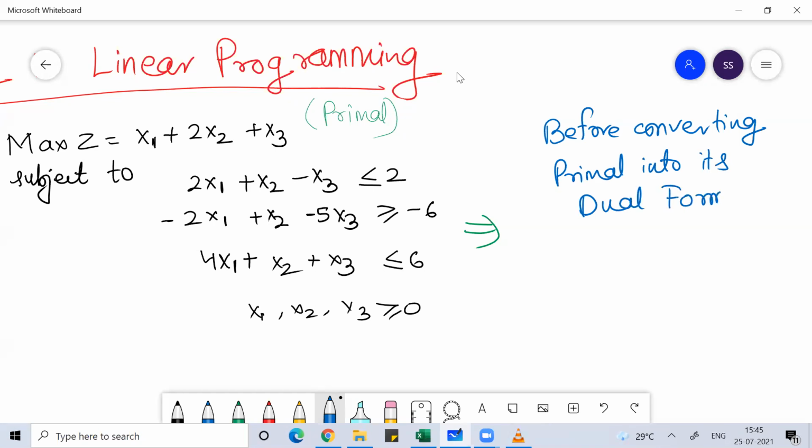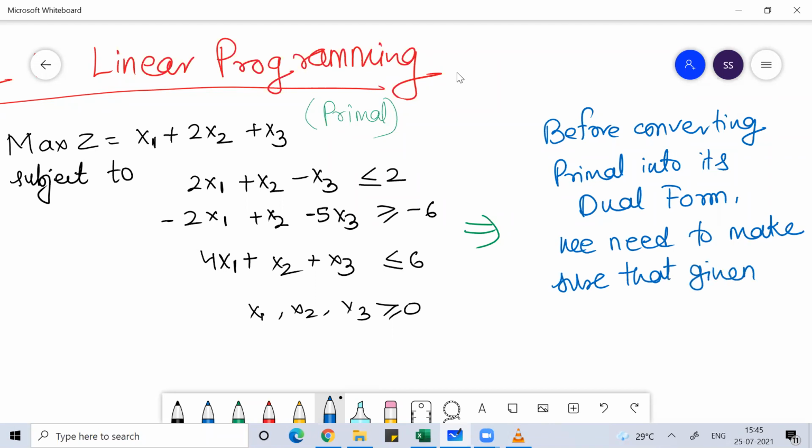Before converting the primal, meaning the basic LPP equation, into its dual form, we need to make sure that the given LPP equation is in canonical form.